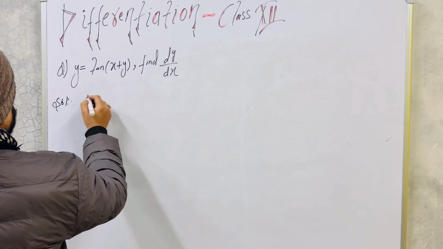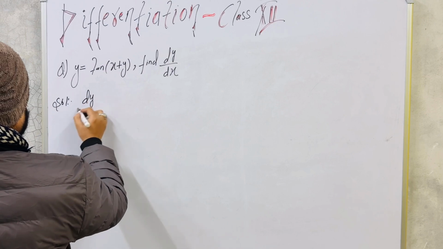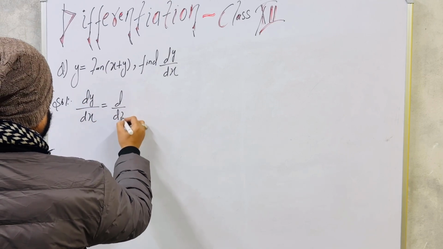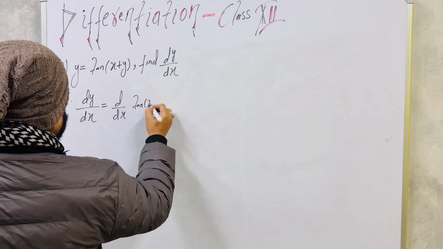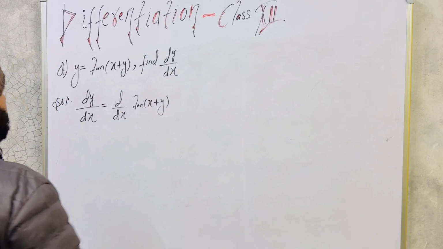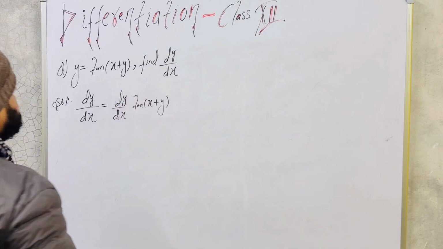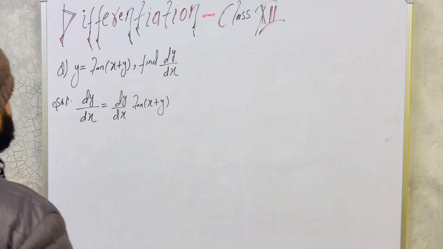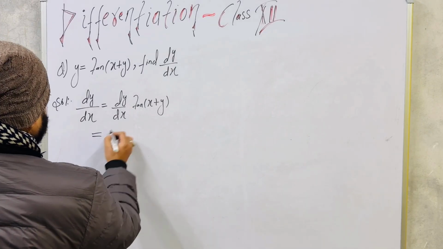Solve this question now. That is dy by dx is equal to dy by dx of tan x plus y. Okay, this is also dy by dx. Now solve this question, dy by dx.